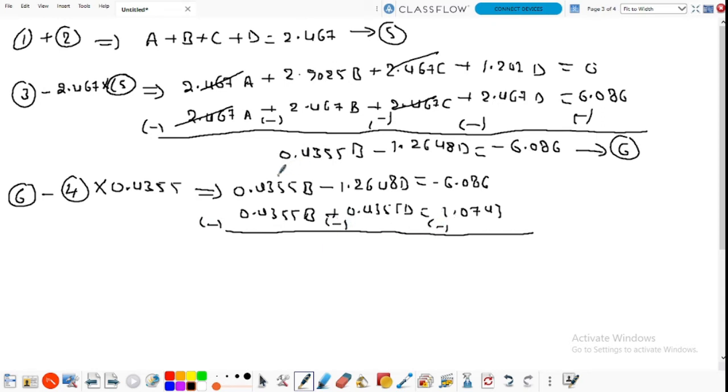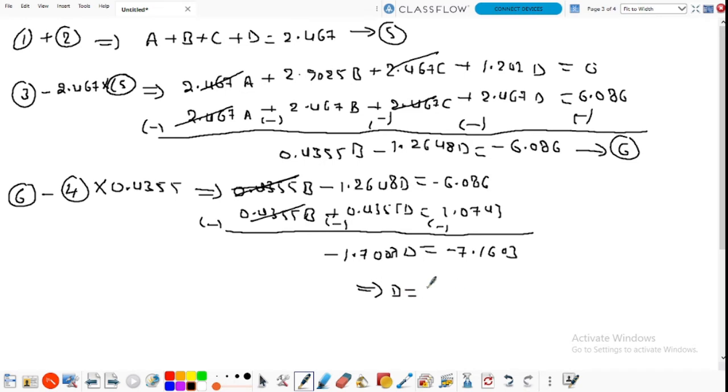Now here 0.4355b and minus 0.4355b are cancelled, and the remaining term is minus 1.7003d is equal to minus 7.1603.